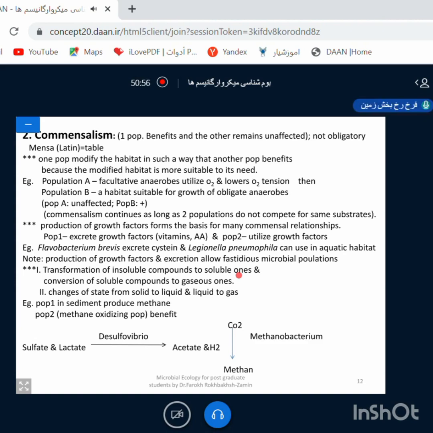But mostly foods are inaccessible. They are insoluble. So some bacteria can change insoluble compounds, insoluble foods, to soluble ones.